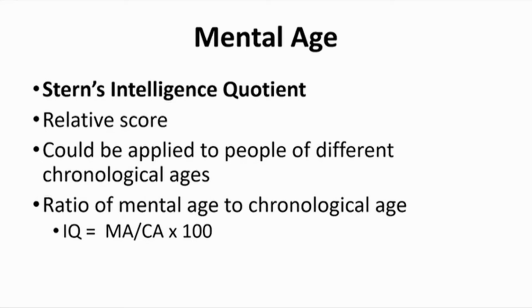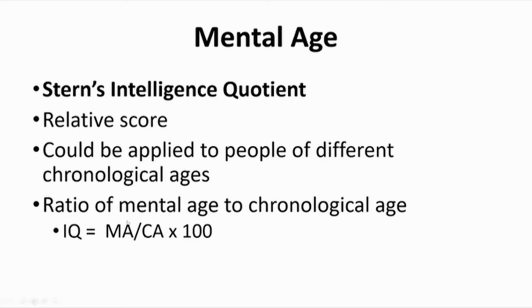And he wanted to make sure that it wasn't just reliant on chronological age. So he didn't care that you were an 8-year-old with the mental age of 10. He wanted some kind of number that would report how far above or below the average intelligence for your age you were.